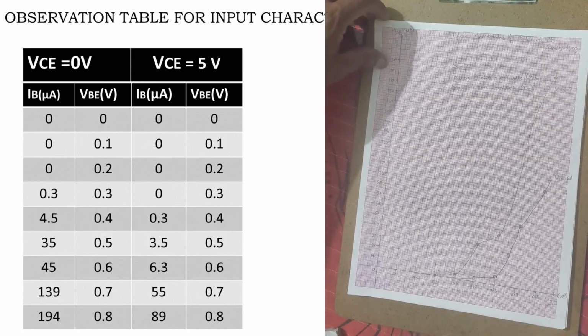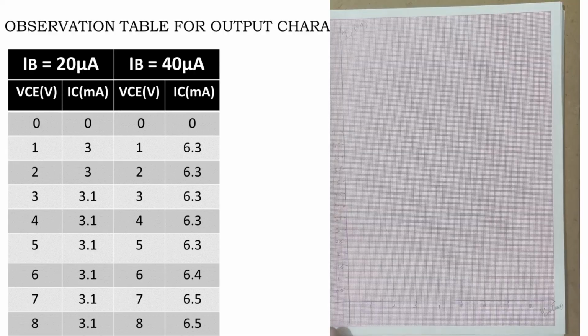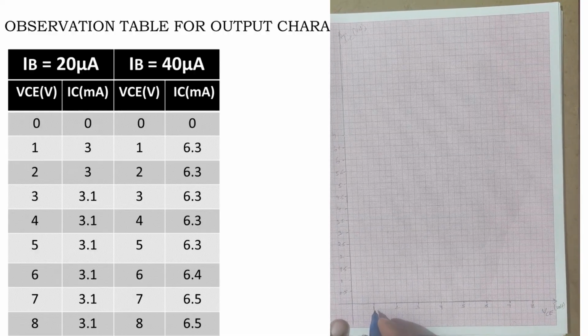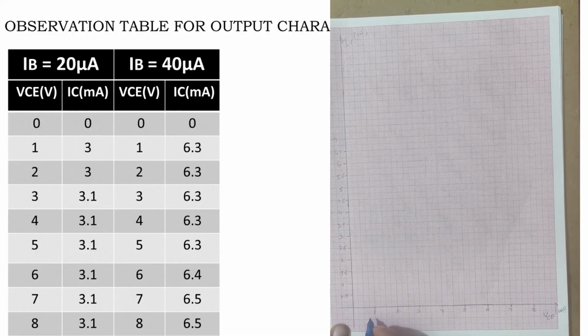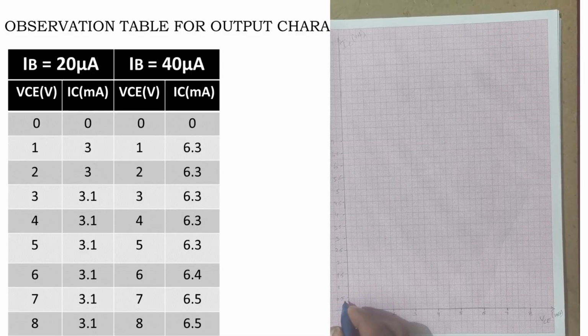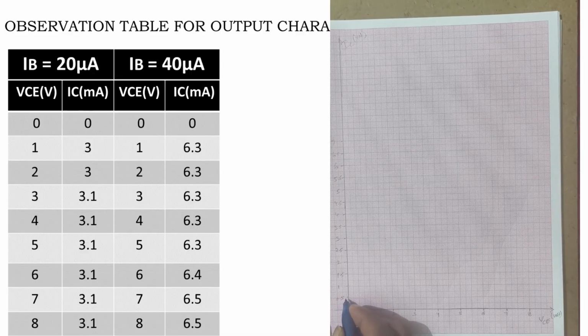Coming to the output characteristics, on the x-axis 2 units equals 1 volt, on the y-axis 1 unit equals 0.5 milliamperes.